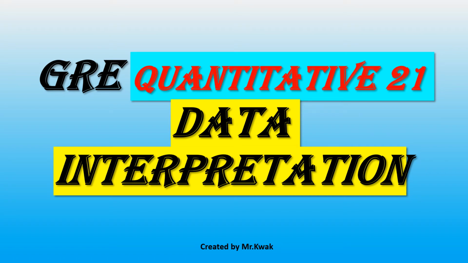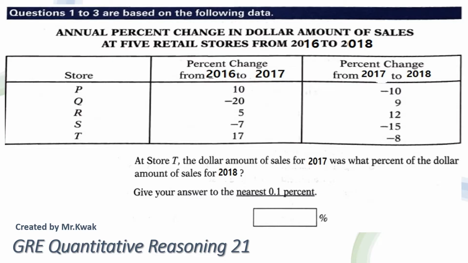Today I prepared the 21st GRE Quantitative question, and the category is the same as before. So it's data interpretation. In the previous class we talked about what the data interpretation set was.